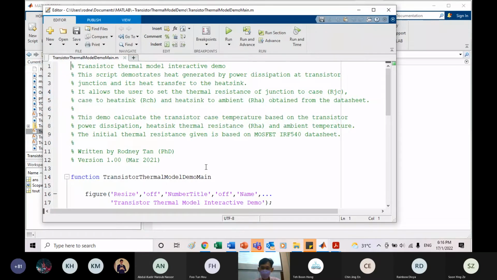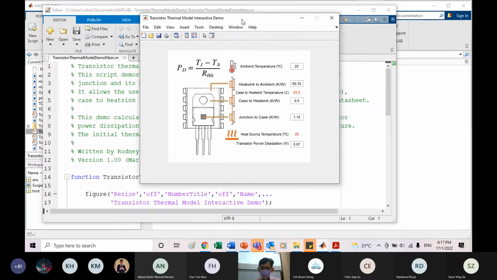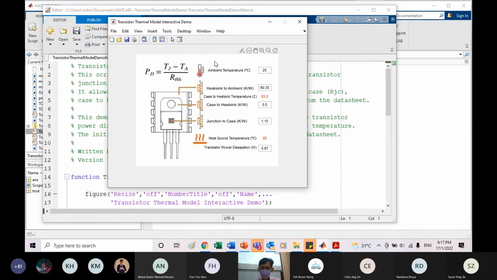So this is the thermal demo, also based on IRF 540. I think this one will show clearer. Now, the die here, the junction to case is 1.15 based on the data sheet.